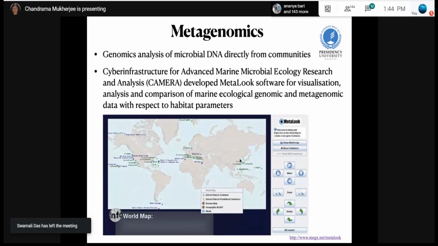If you go to this website and these particular places, you will see the genetic diversity and all the species collected or identified there. This provides a great resource for marine ecologists to analyze different species in different geographical locations.